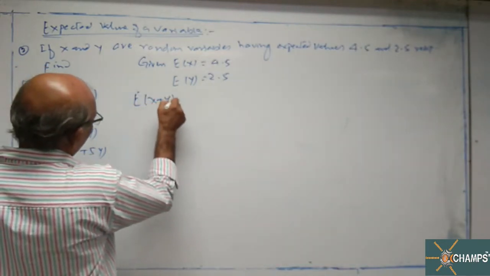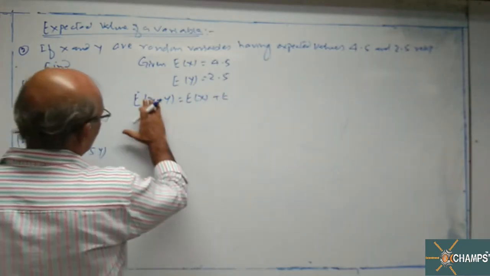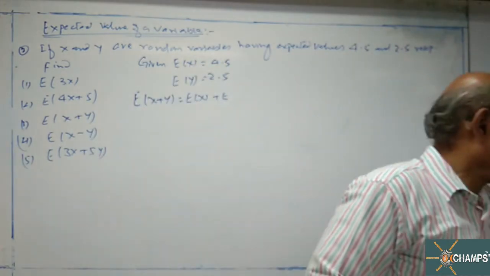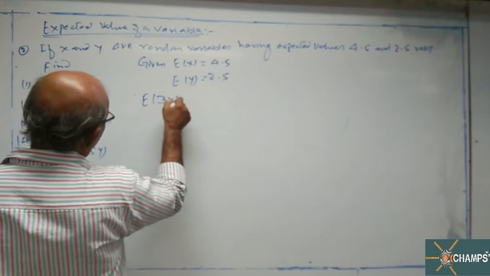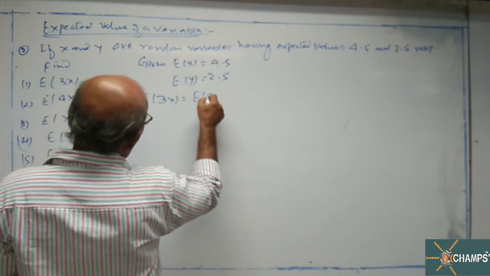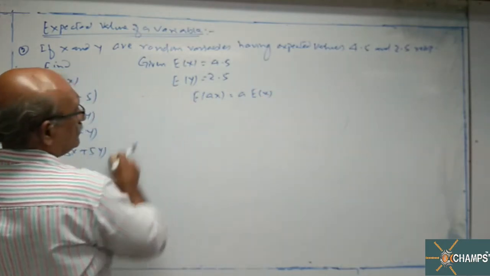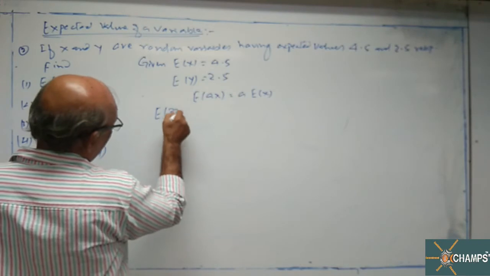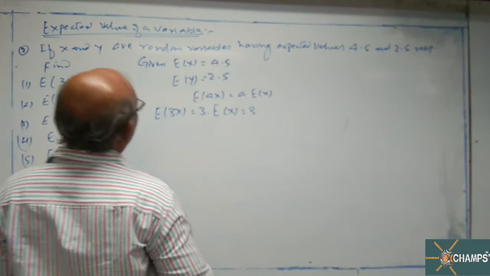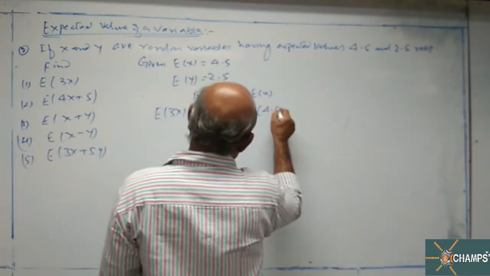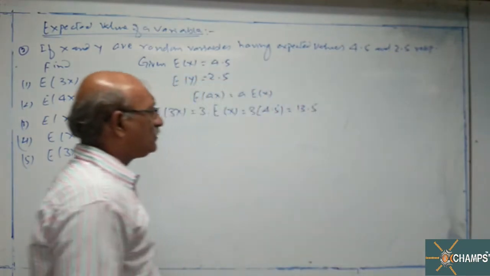What is the first question? E of 3x. This is of the type E of ax, a into E of x. So E of 3x can be written as 3 into E of x, 3 into 4.5. 13.5 is the answer.